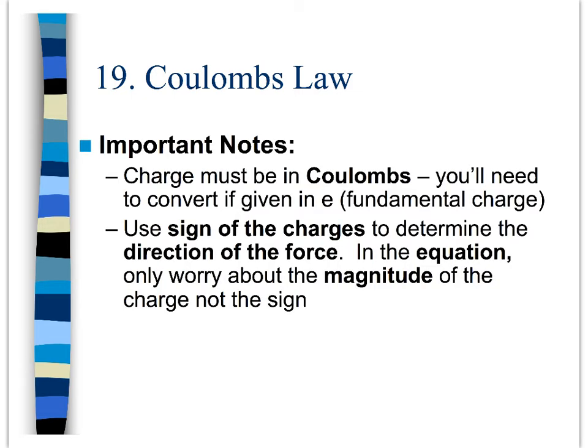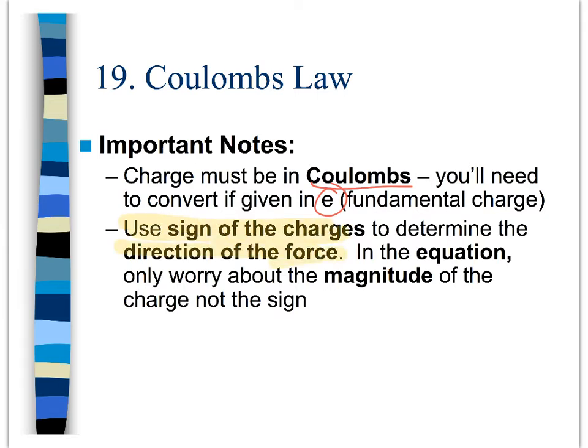Two quick notes here about Coulomb's law. The first is, for Coulomb's law, the charge must be in coulombs. Sometimes we can be given a charge in e, that fundamental charge, 1.6 times 10 to the negative 19th coulombs, and we'll just have to convert it. The other thing, which we mentioned on the last slide, is that we're going to use the sign of the charge to determine the direction of the force.